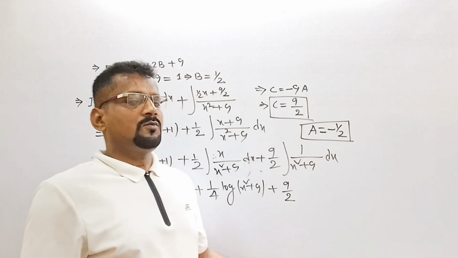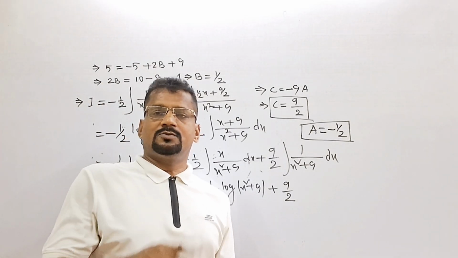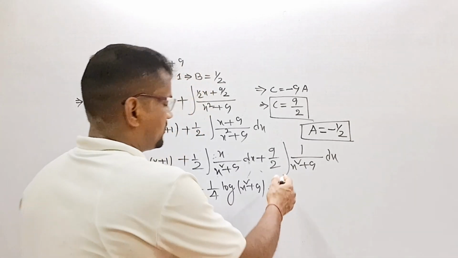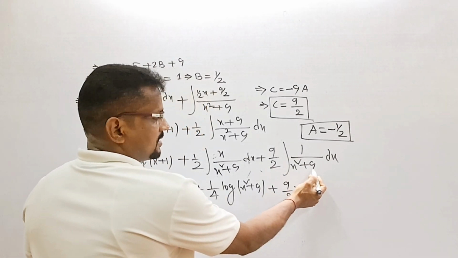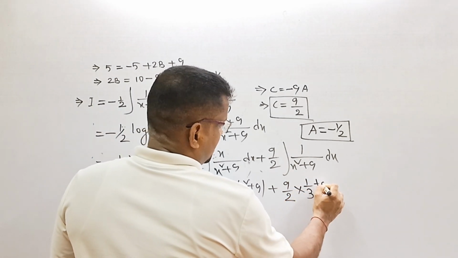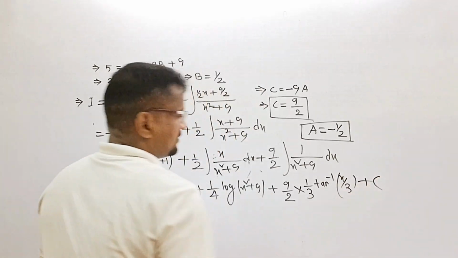And you know the formula: integration of 1 by x squared plus a squared is 1 by a tan inverse x by a. Here a is how much? 3 squared, that is 3. So 1 by 3 tan inverse x by 3, finally plus c.